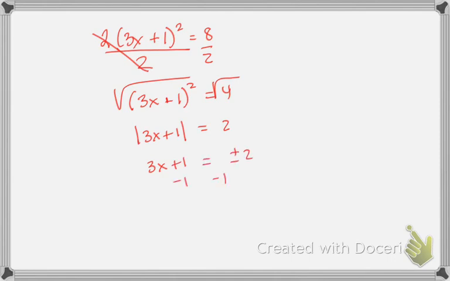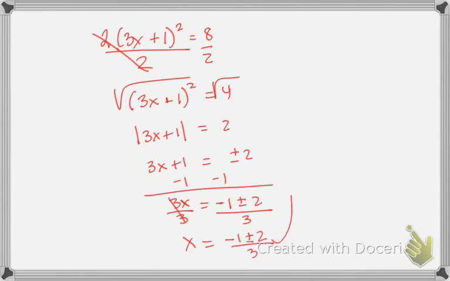I'm subtracting 1. I get -1 plus or minus 2 is equal to 3x. I'm going to divide by 3, and we get x equals -1 plus or minus 2 all over 3. Now what this really means is -1 over 3 plus or minus 2 over 3.